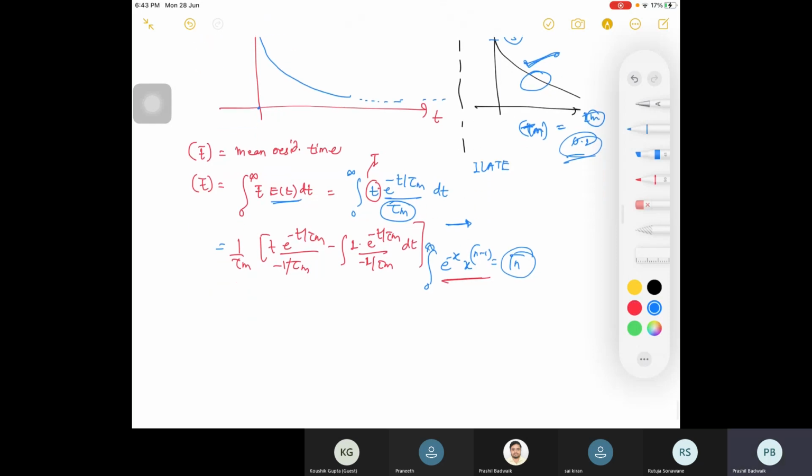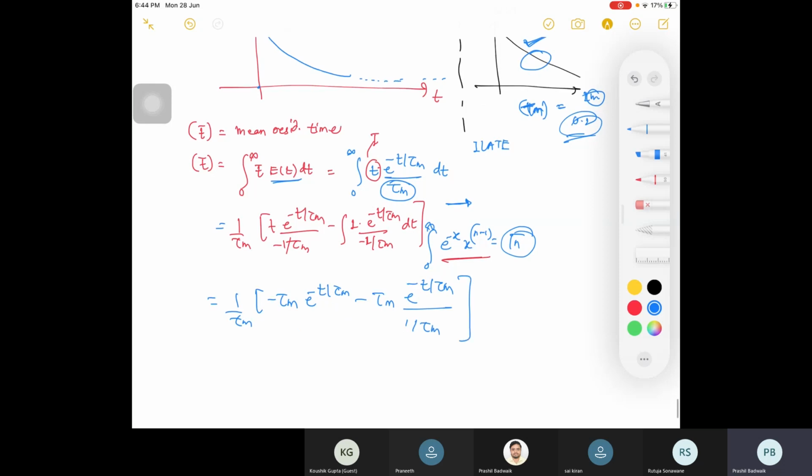So you will get these values: 1 by tau m, this is your tau m e to the power minus t by tau m minus tau m, and you will be having same integration e to the power minus t by tau m upon 1 by tau m. Minus sign will cancel with that only.